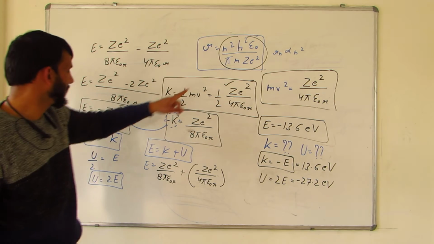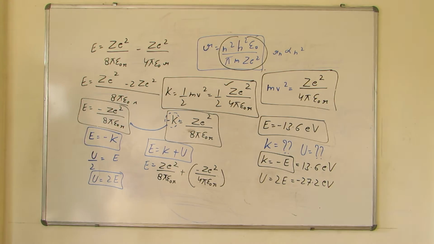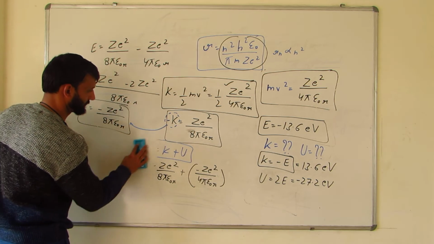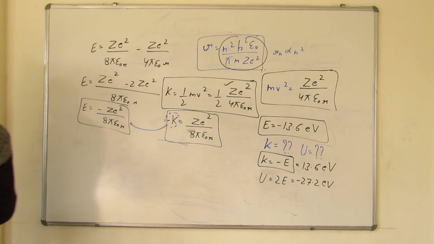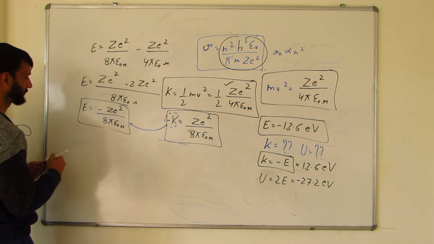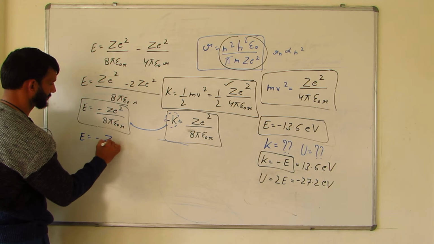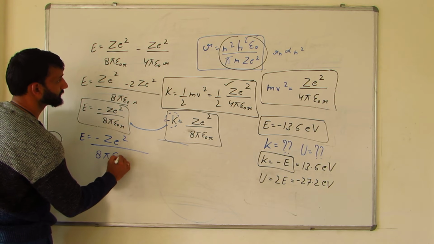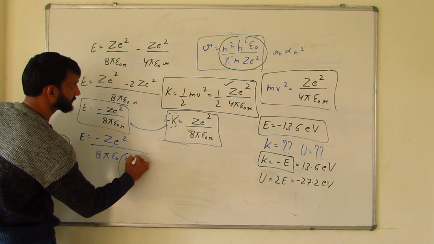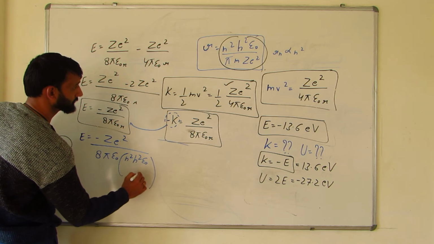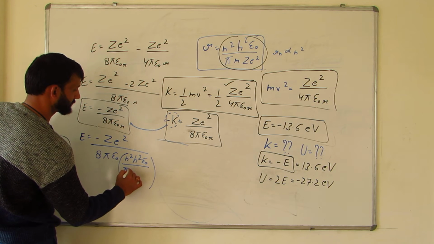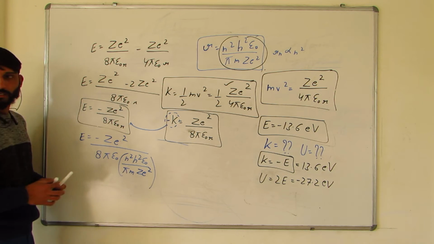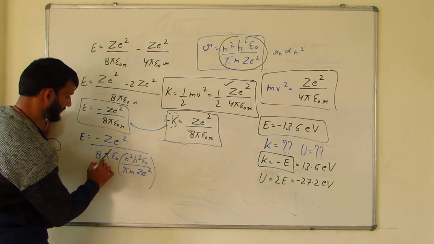If I put the value of r there, now you could cancel this.